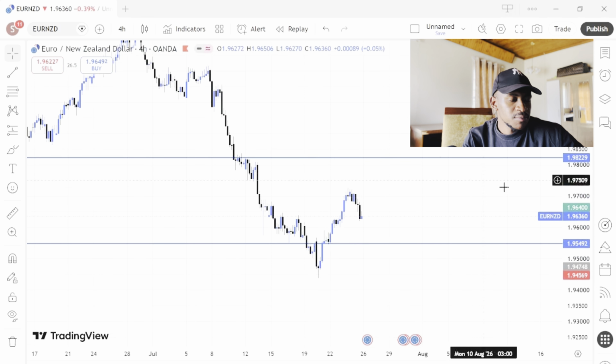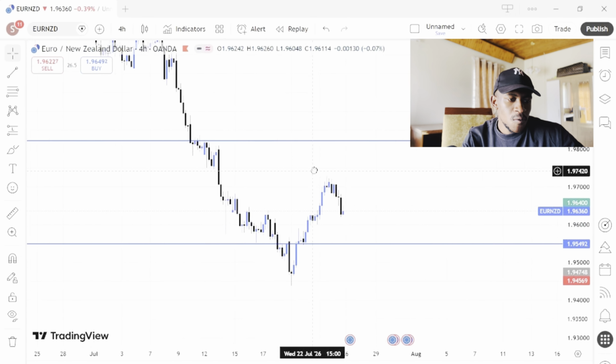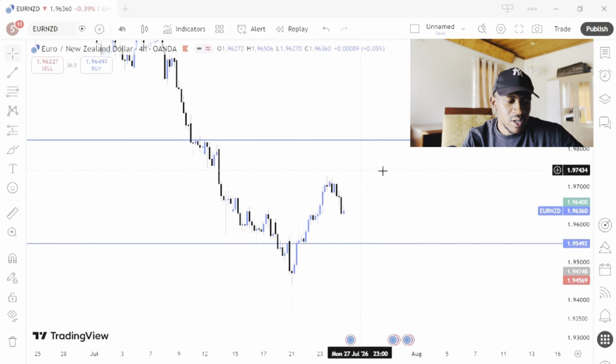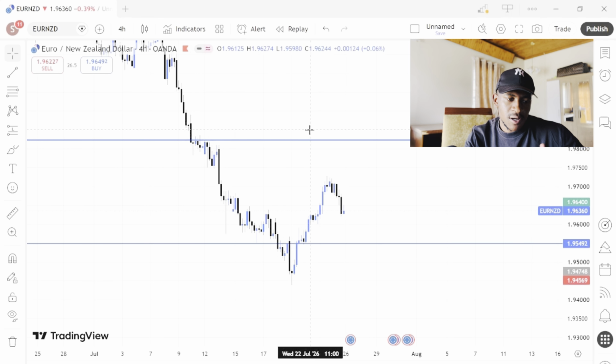First we got Euro NZD. So these two horizontal lines are weekly highs and lows. This one is the weekly high and this one is the weekly low, right?